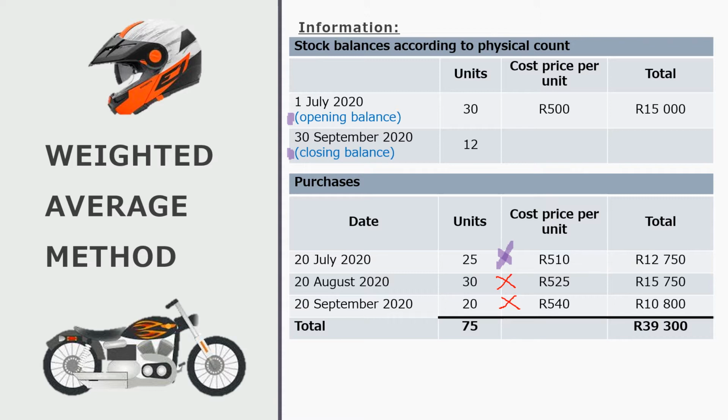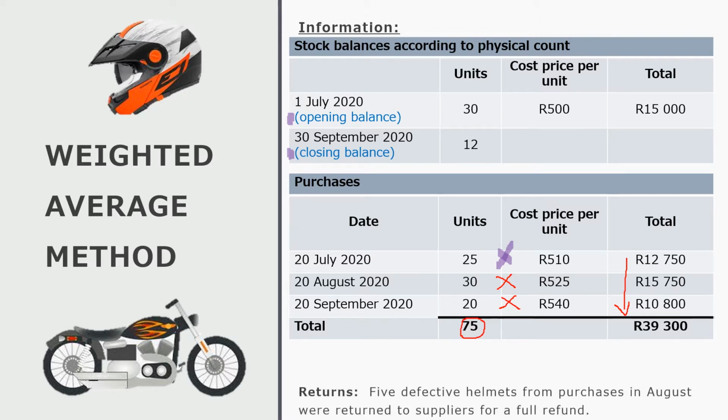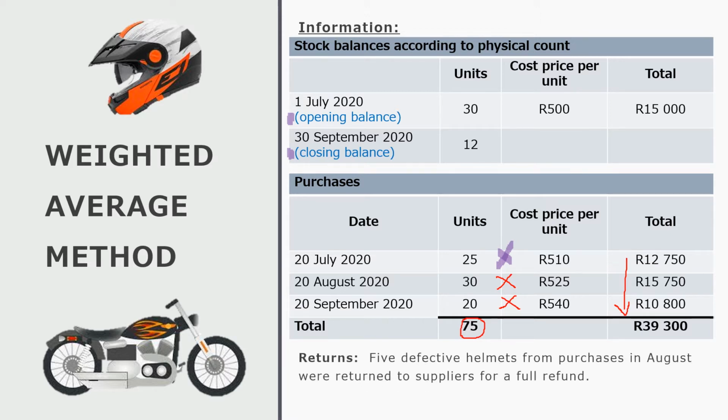So for the 3 month period, we have purchased in total 75 units, and we just add up these amounts to get the total value of the stock purchases. Then they also tell us that 5 defective helmets were returned to the suppliers, and this is from the purchases in August.